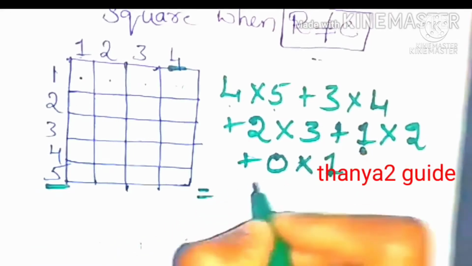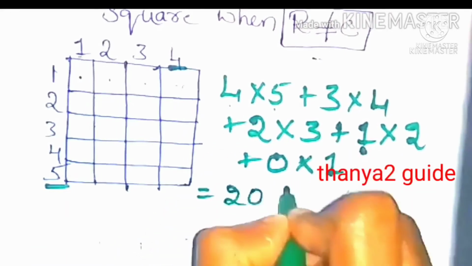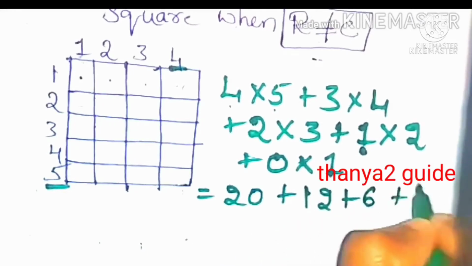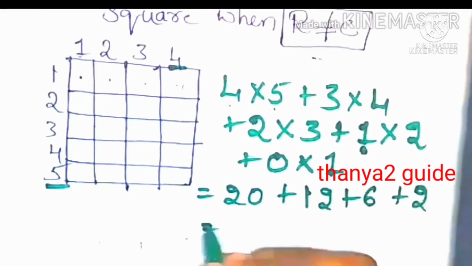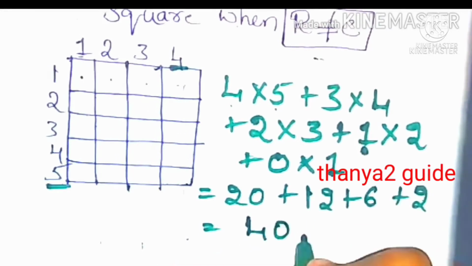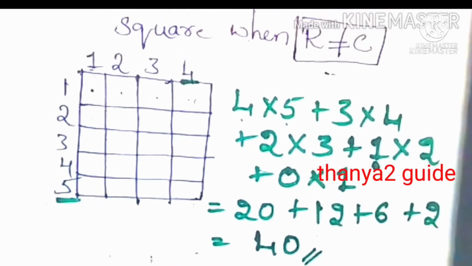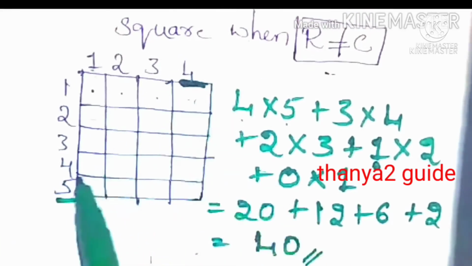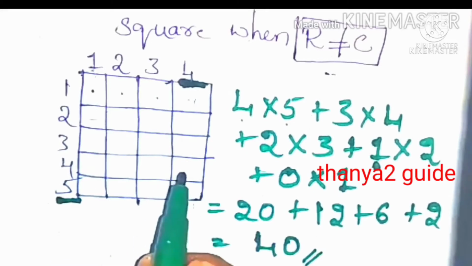So now 4 5s are 20, plus 4 3s are 12, plus 3 2s are 6, plus 2 into 1 is 2. Now add all these, what will we get? 40 is our answer. Hope everyone understood. Once again I am explaining, this is a figure in which 4 columns and 5 rows are there.